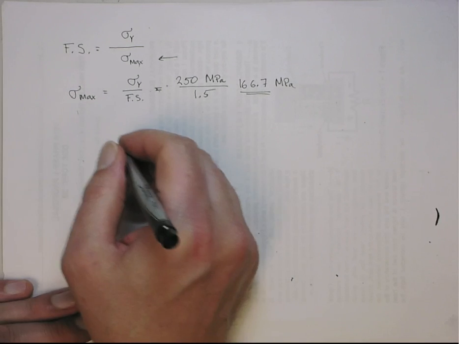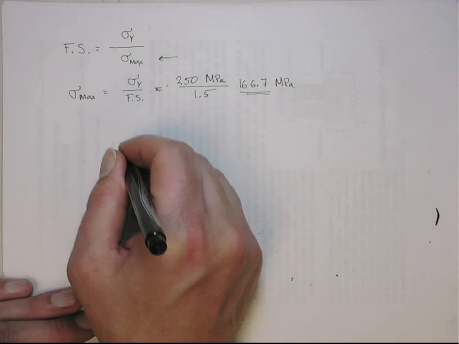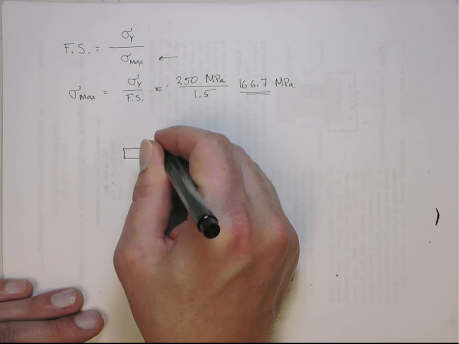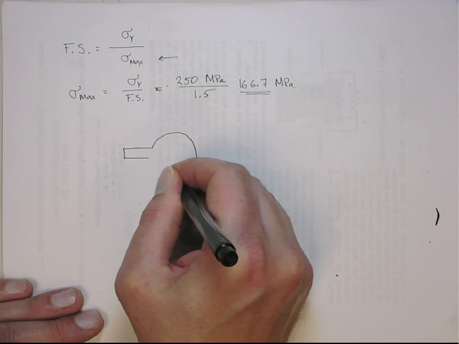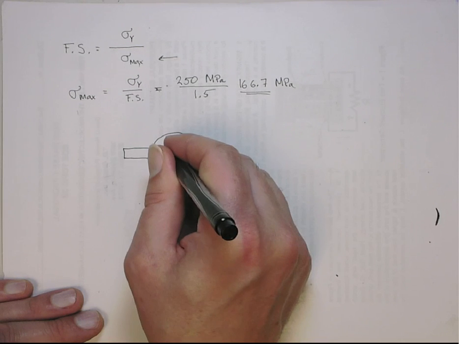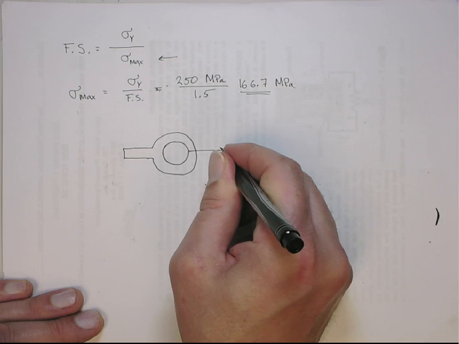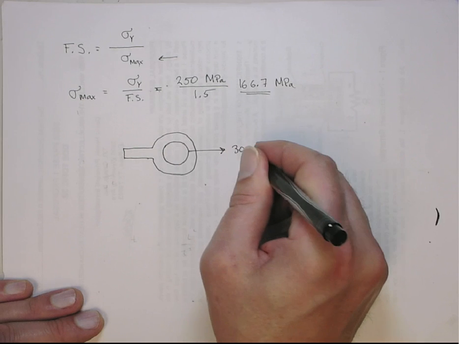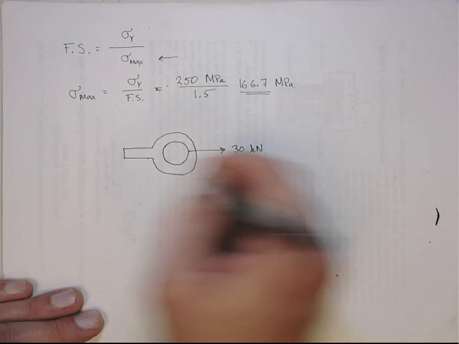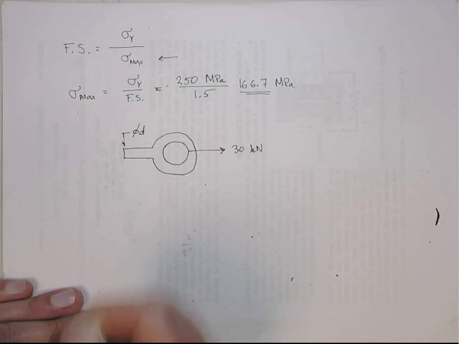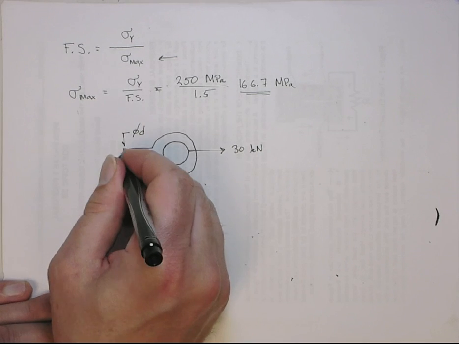So basically, if we do a free body diagram like follows, here's the eye. And we're applying on here the force of 30 kilonewtons. This has a diameter of d, right?